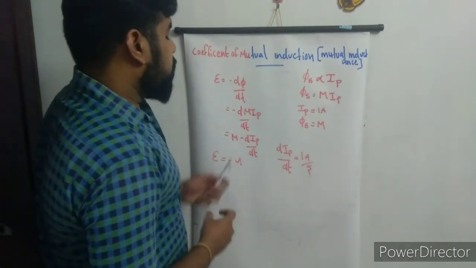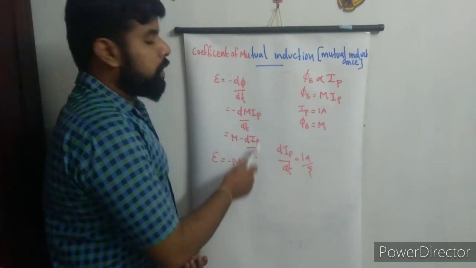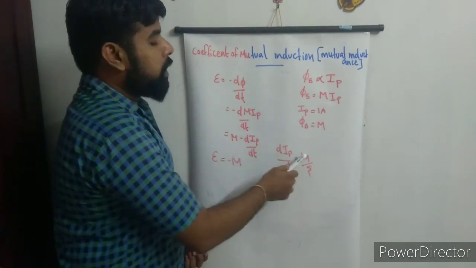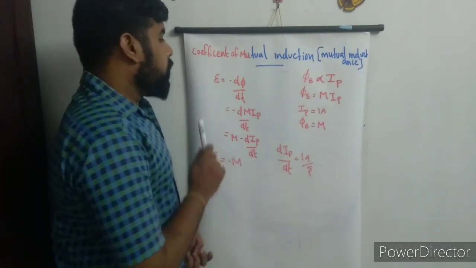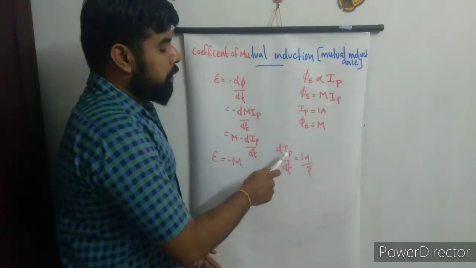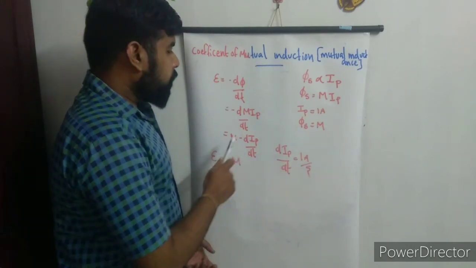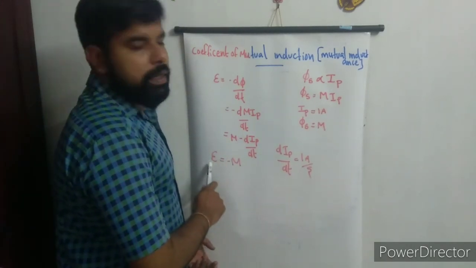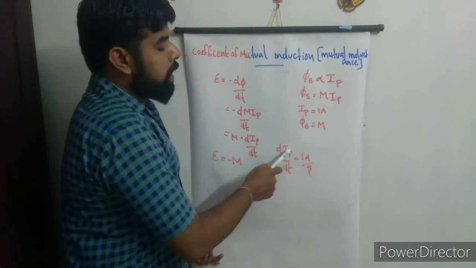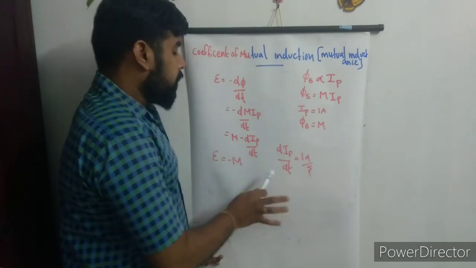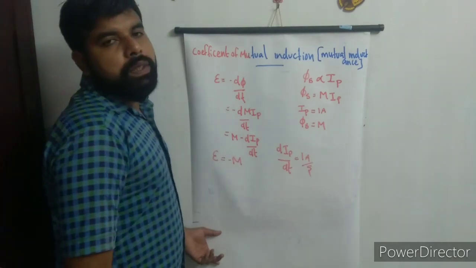So the rate of change of current in the primary is 1 ampere per second, and the EMF induced is the coefficient of mutual inductance. So when the rate of current change dI P by dt is 1 ampere per second, that EMF is known as the coefficient of mutual inductance.